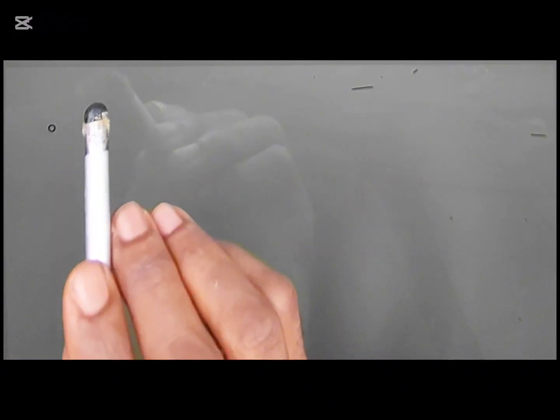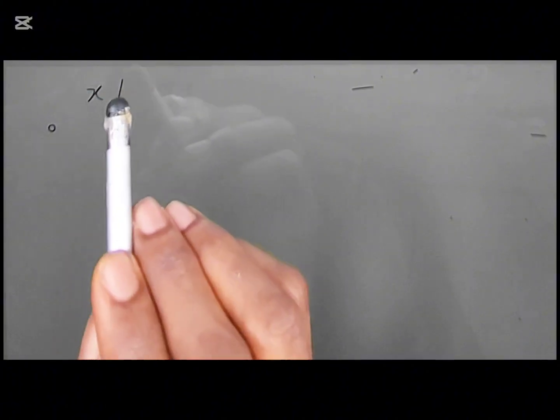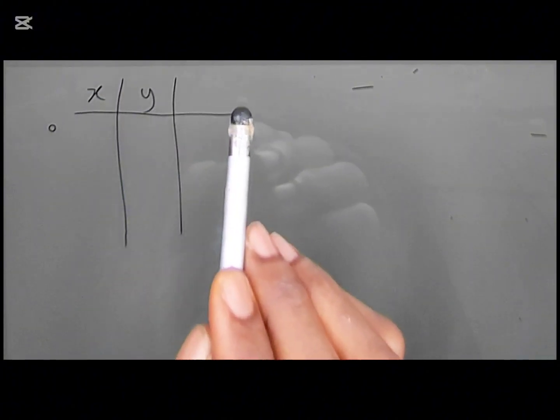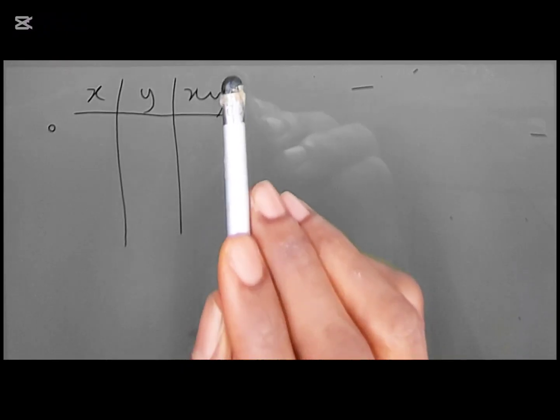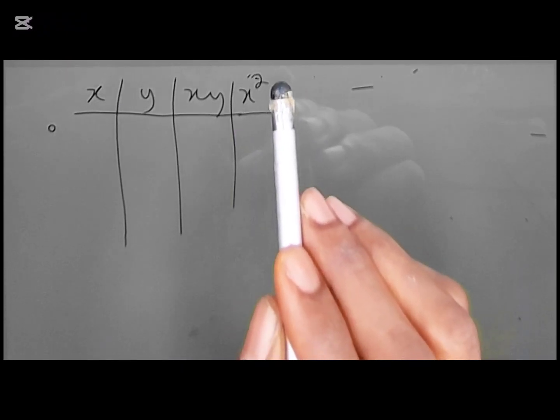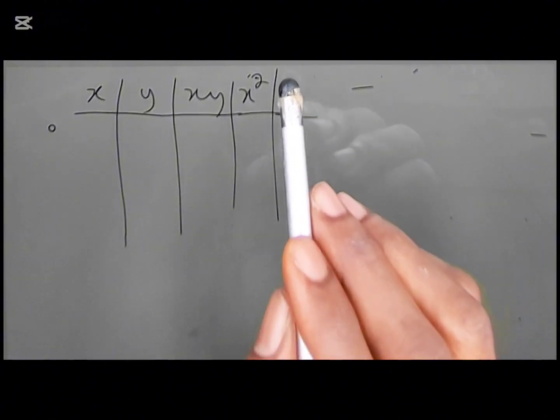class, let's try to resketch this here. Of course, I'm going to have this to be something like this. This is my x, this is my y. Okay, this is my xy, this is my x squared, this my y squared.